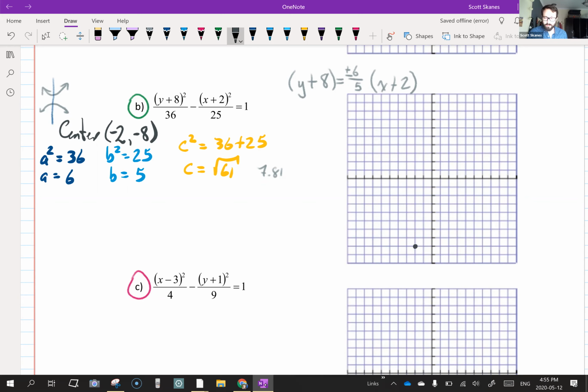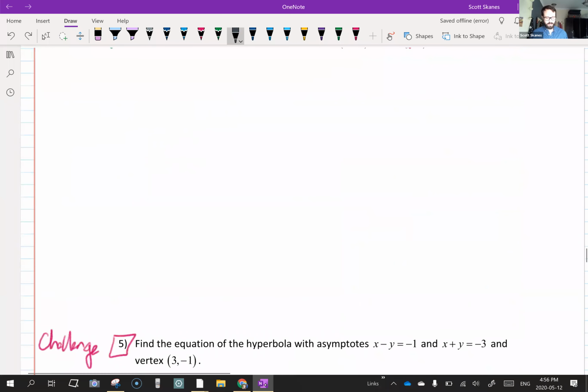So A, wait, why A is not 25? Because A is always the first one when we deal with hyperbolas. A is the one that comes under the positive one. So because Y came first, this is going to be our A. And if you want to be crystal clear on this, I will just jump back here for a second.